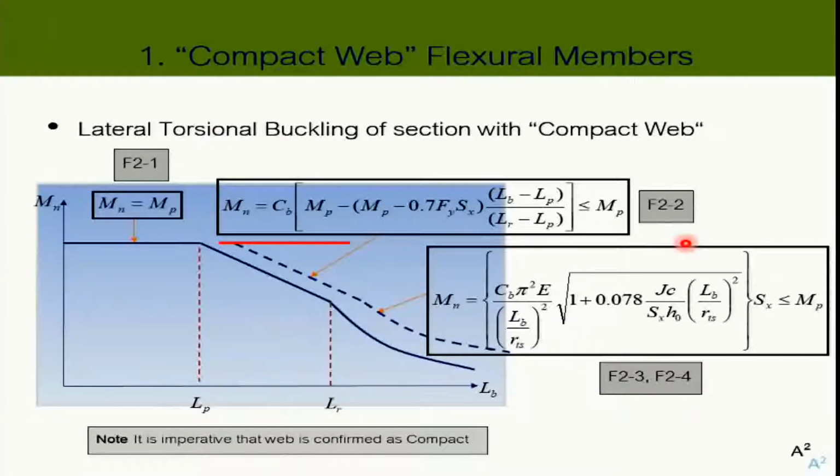And in some cases, like the case that I had, CB was so large that I could have the flexural capacity up to MP anyway, even though my unbraced length is so large. And I was not afraid to use it. But it still stands today. It's fine. Any question, ladies and gentlemen?